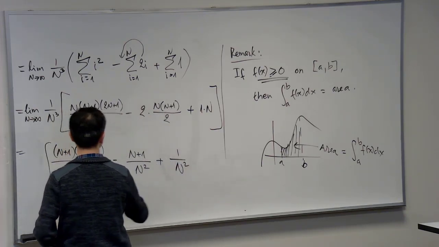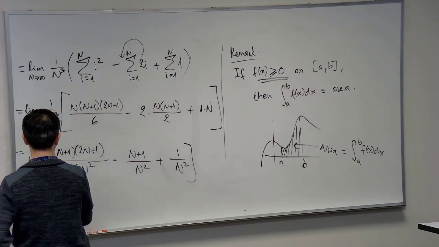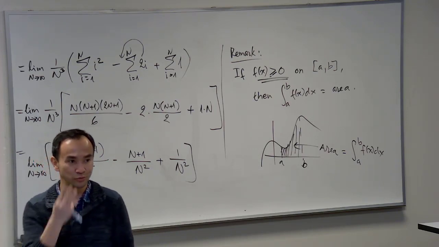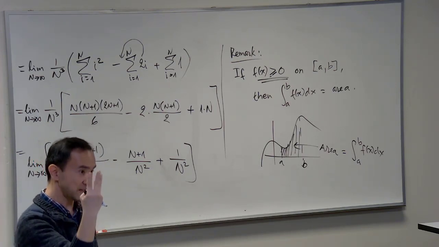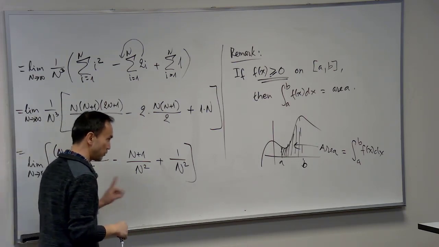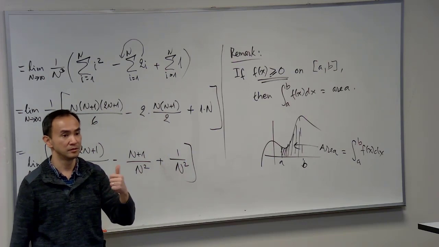And now with something like this, we're going to go ahead and take the limits as n goes to infinity. And we got 3 terms. Yes, they may look big, but it's okay. It's not so bad. 1 term, 2 terms, 3 terms. Agree? Okay?